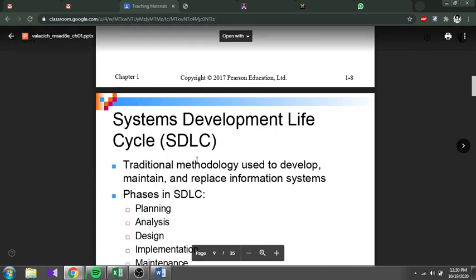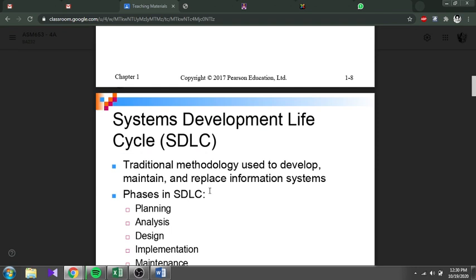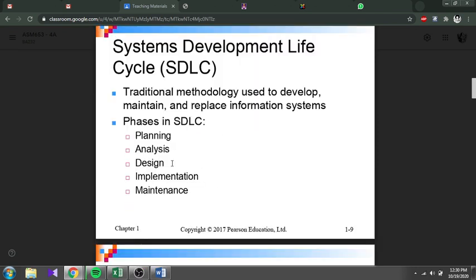But we have the traditional methodology, which we call SDLC. We have to remember these five stages: planning, analysis, design, implementation, and maintenance. This goes by sequence. You cannot jump straight to analysis without planning. This is like project management also. So we do the planning, then analysis, which one is better, which one is good, and then go to the design, and after that implementation. Once the system has been implemented, we have to maintain the system.